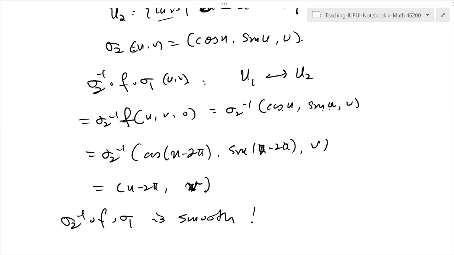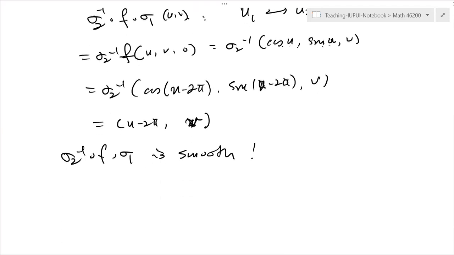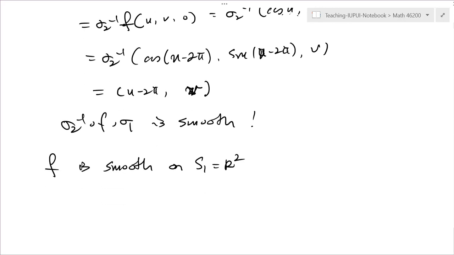Okay. So anyway, what I want to say is that F is smooth on the whole domain. You have to prove that it's smooth at every point.